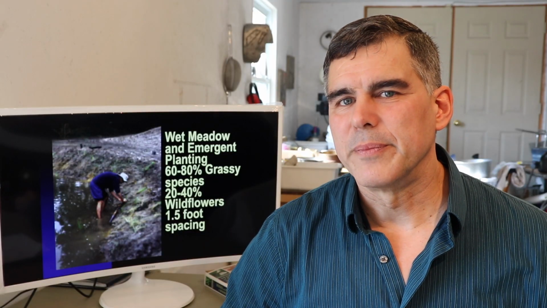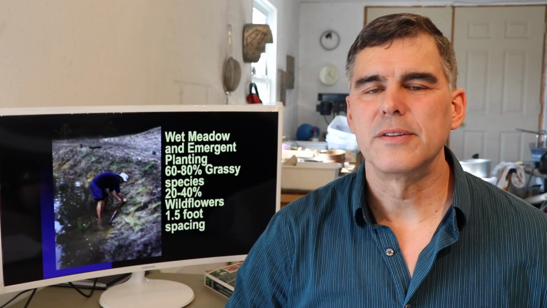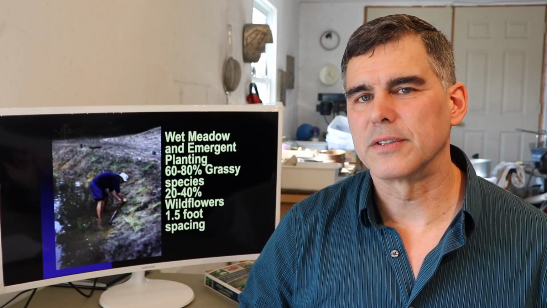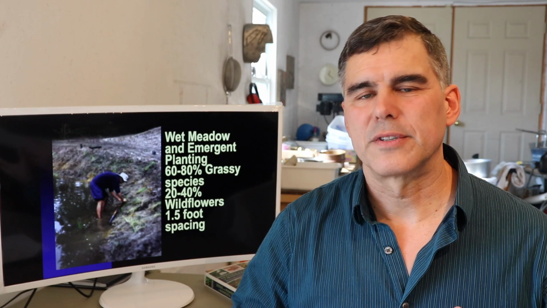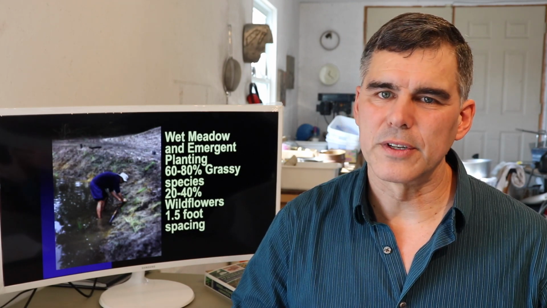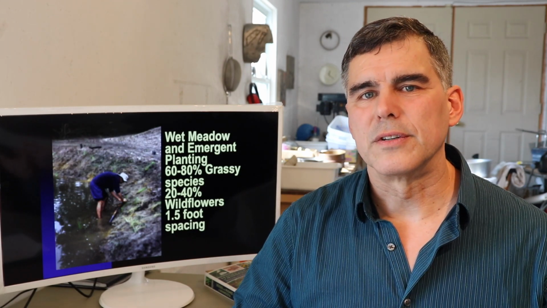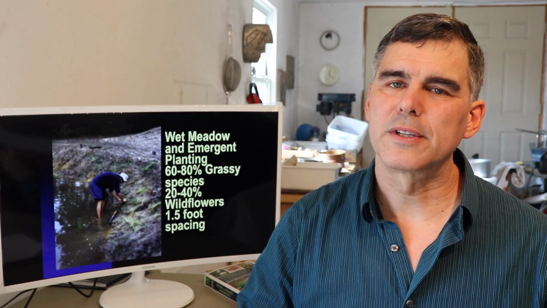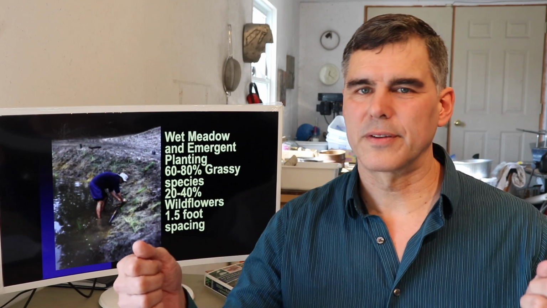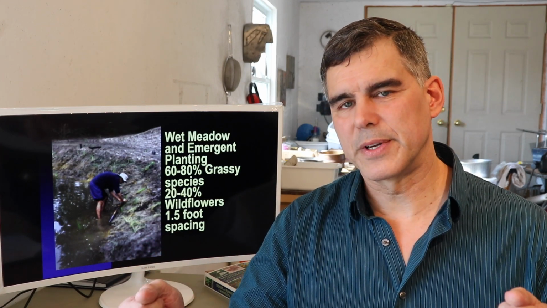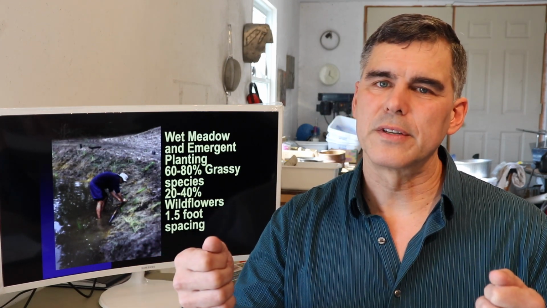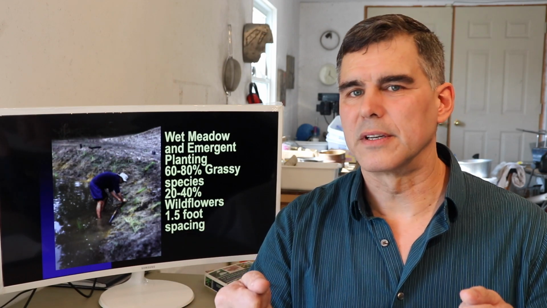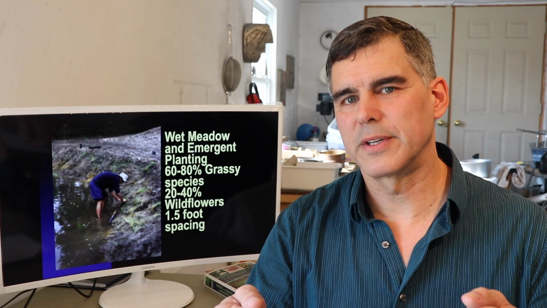Most wet meadow and marsh plantings typically have a species composition of about 60 to 80% grassy species, or graminoids, and the rest of the species are wildflowers. When you're planting them, you're typically spacing them about 1.5 feet apart, about a half meter, and if you have more invasive species in the area, usually you tighten it up to 1 foot or 30 centimeters.